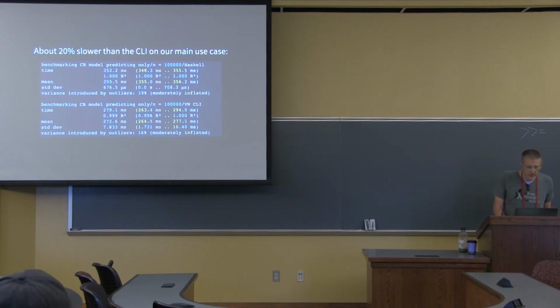In terms of performance, these bindings are about 20% slower on average than the optimized CLI, at least on our main use case, which is contextual bandits. That makes sense to me because every time it reads an example, it needs to read it into the Haskell runtime, allocate a pointer for it, give that pointer to VW, pass the example to VW, read the results into the pointer, and then grab the results back.